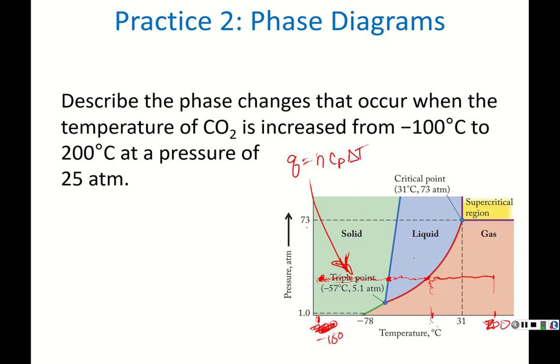So there'd be 3 regions like that. That'd be 1, 2, and 3. Okay. And then there'd be 2 phase changes here and here, where if you're trying to calculate heat from those, you'd have to use the equation amount times delta H of your phase change. Okay. And then you would just add up all, in this case it'd be 5 of those heats to get the total heat of that process.